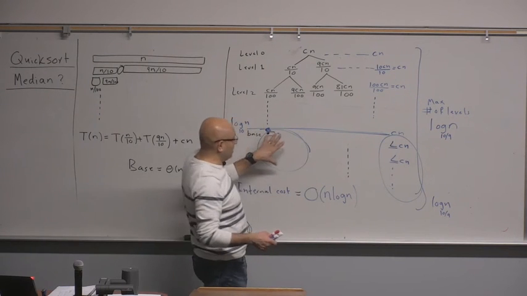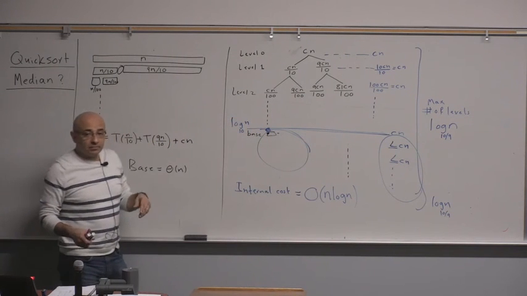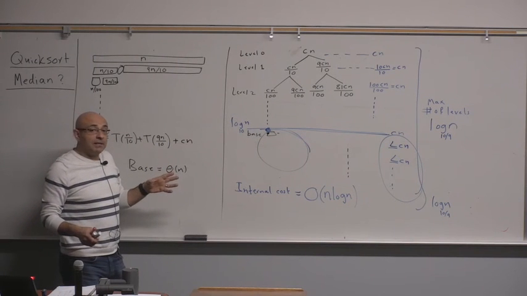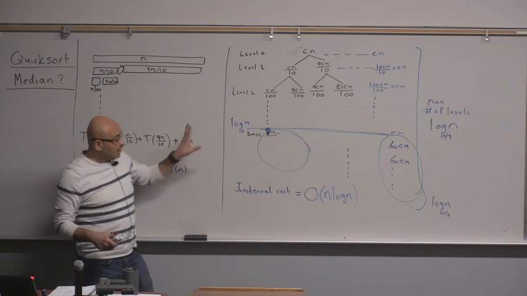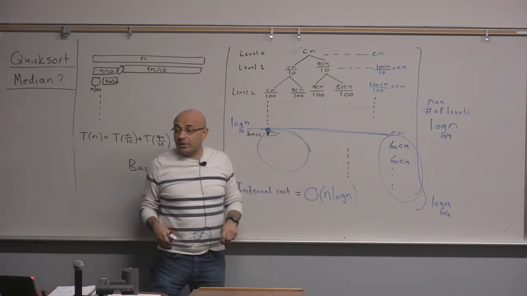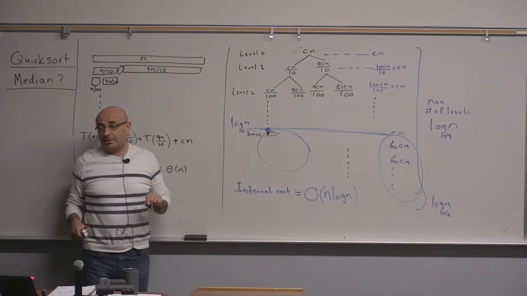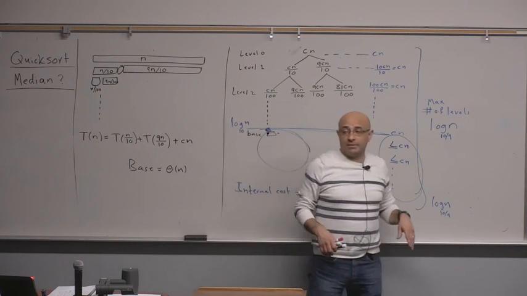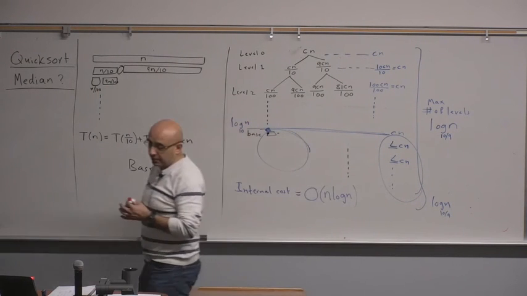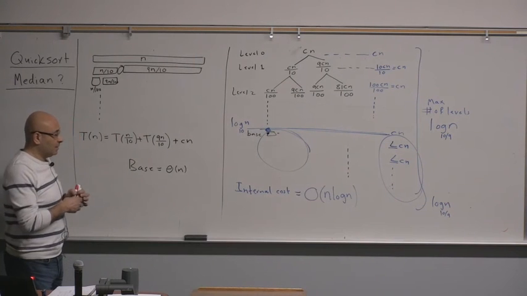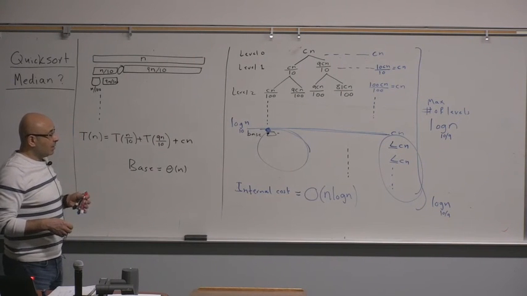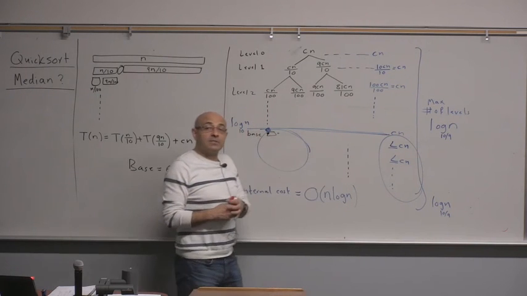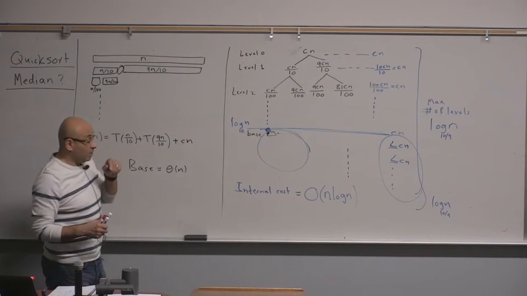So we can say that the actual asymptotic complexity, based on this analysis, will be n log n or smaller. Of course, it will not be smaller than n log n, because we know that even with a perfectly balanced partitioning, it's n log n. But based on this analysis by itself, we cannot use theta. We should use big O.